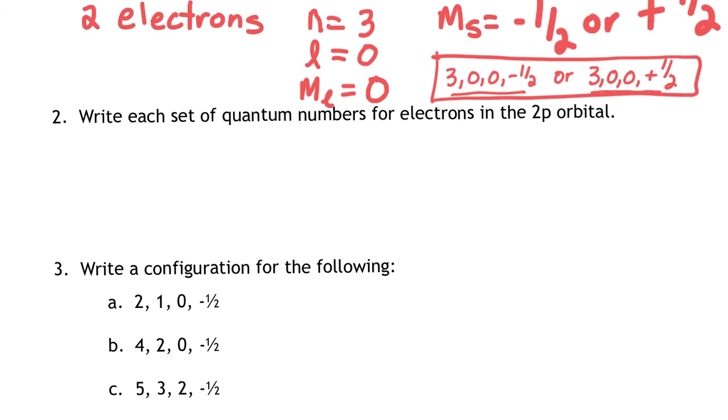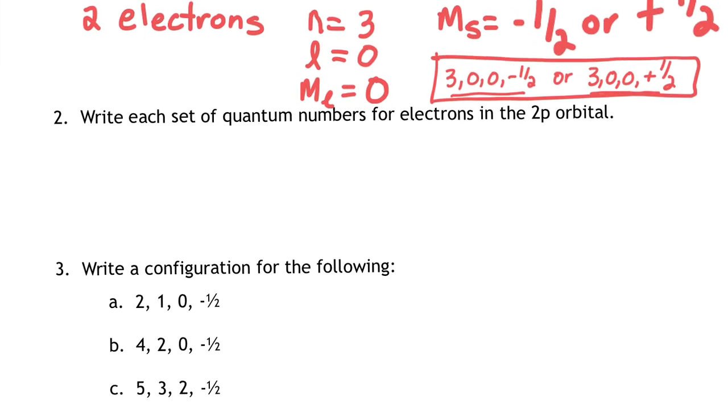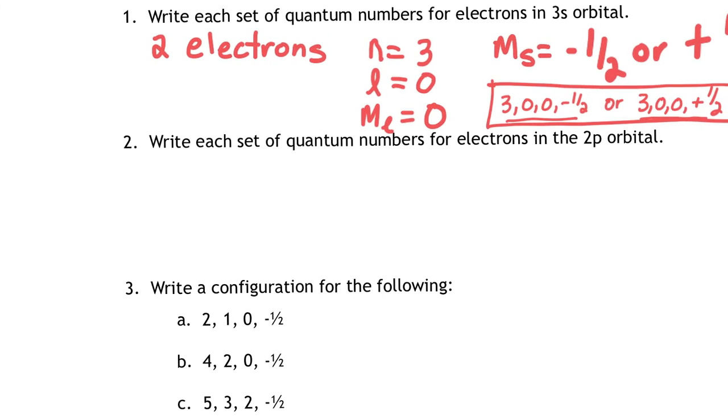Our next question says, write each set of quantum numbers for electrons in the 2p orbital. Well, I'm not going to refer back to that drawing quite so much. n is going to equal the energy level, and it tells us that it's 2. l is going to mean which orbital do I have?